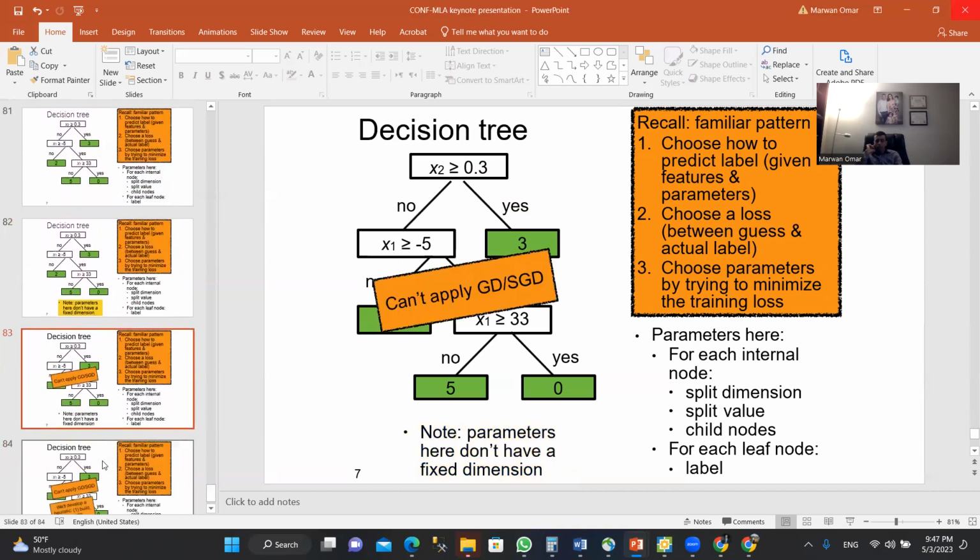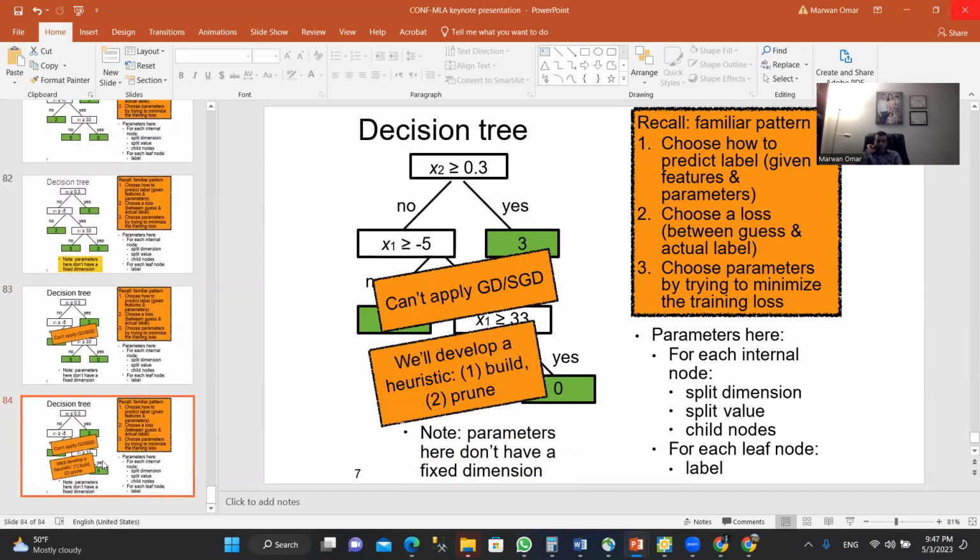So we cannot apply here the gradient descent or the stochastic gradient descent algorithm. We will develop a heuristic one, build and prune. We will build a heuristic algorithm which is build and prune.